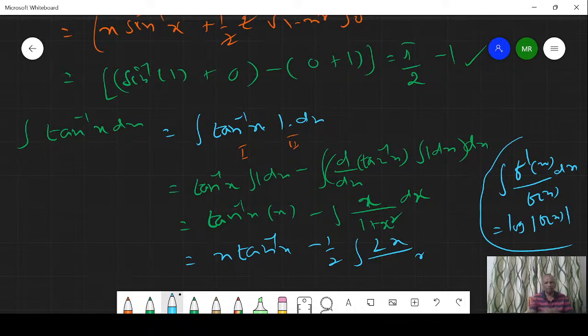Now I can write this as 1 plus x square, 2x by 1 plus x square dx.